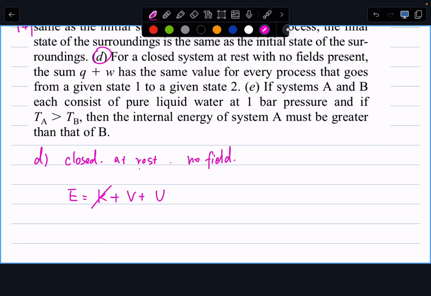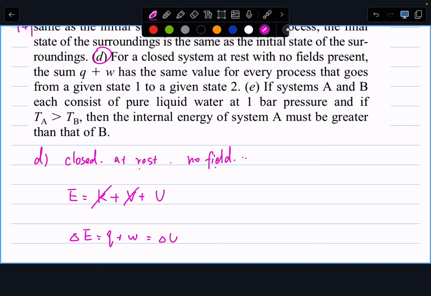But at rest tells us our K is 0. No field tells us our potential energy is 0. So our total energy will equal our internal energy. And we have our first law of thermodynamics, which is delta E equals Q plus W. So taking it together, this question checks the box of all the assumptions we made.